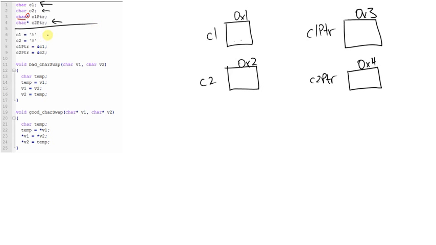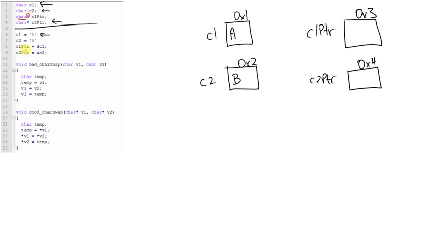So going on to the second part here, C1 equals 'A'. What this means is the value of where C1 exists, we set it to the character A. And then C2, we set it to a value of 'B'. Now, here's where pointers differ from regular variables like characters and integers.